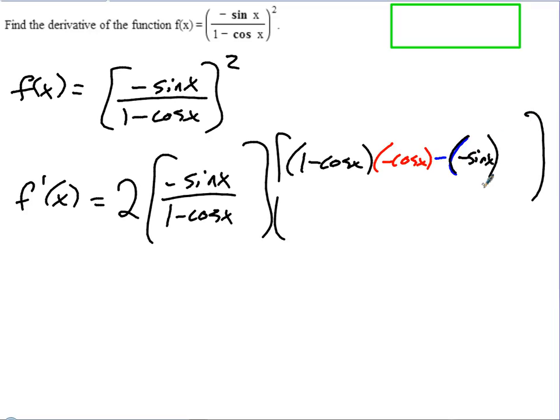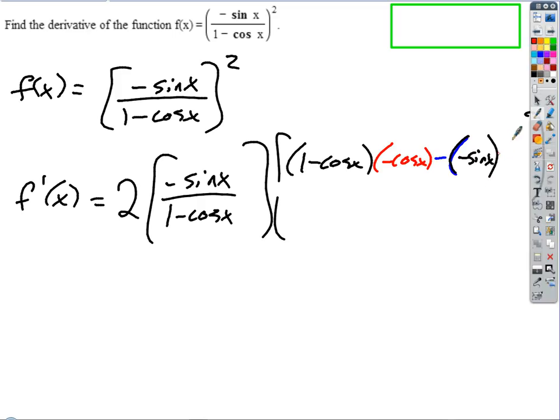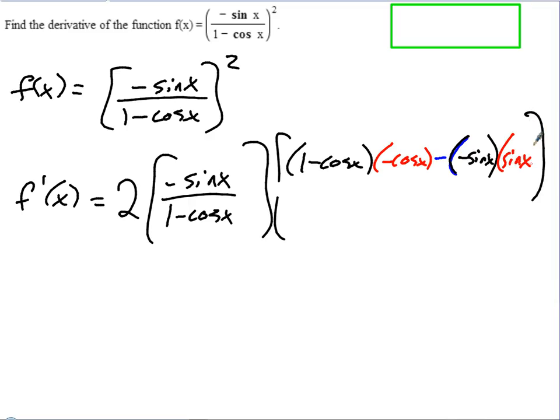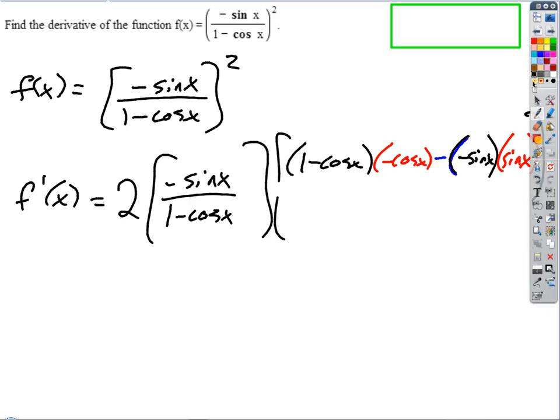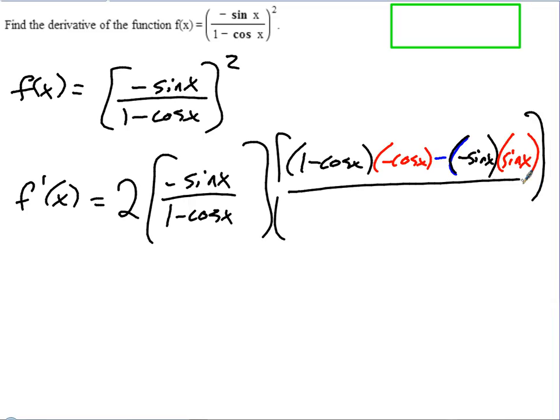So then we flip it, so minus negative sine x. What's the derivative of 1 minus cosine x? Derivative of 1 is 0. Derivative of cosine x is negative sine, times that negative 1 is going to be a sine x, all over 1 minus cosine x, quantity squared.